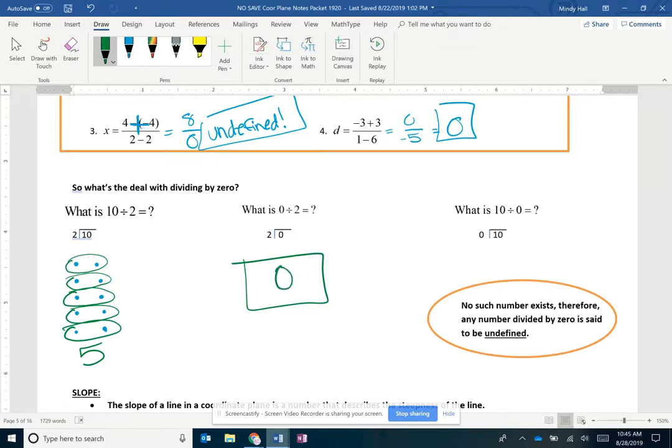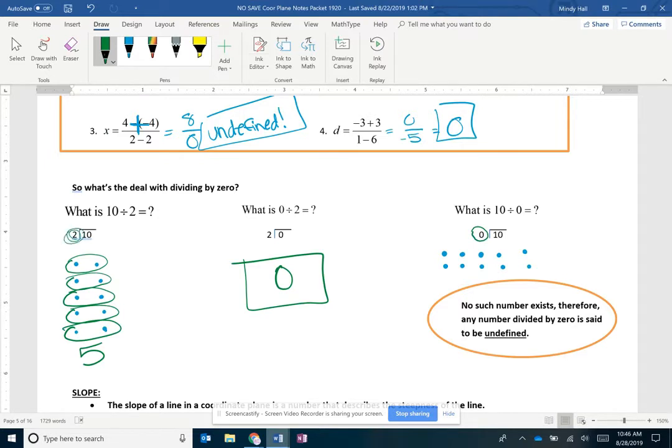Now, if I do 10 divided by 0, if I have my 10 little dots, 1, 2, 3, 4, 5, 6, 7, 8, 9, 10. So if I'm doing 10 divided by 0, I'm trying to break it into groups of 0. So over here with that 10 divided by 2, we were making groups of 2.